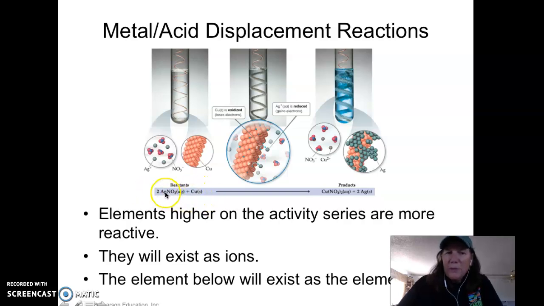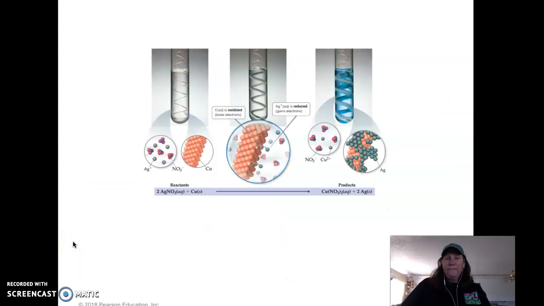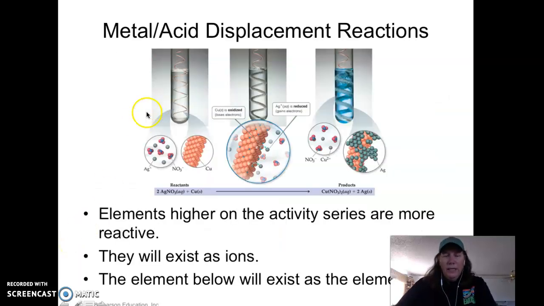I'm sorry. Copper is replacing silver. So if you go back here, here's copper, here's silver. They're pretty close to each other, but that reaction is going to happen. Now, if it was the other way around, if silver were replacing copper, that wouldn't happen. Okay, so we got silver and copper, and we know the reaction happens because copper is more reactive.